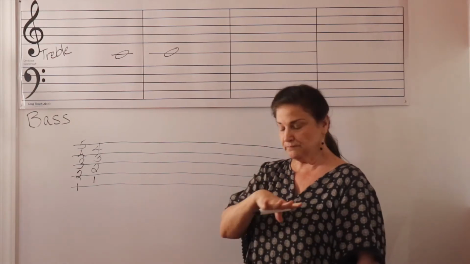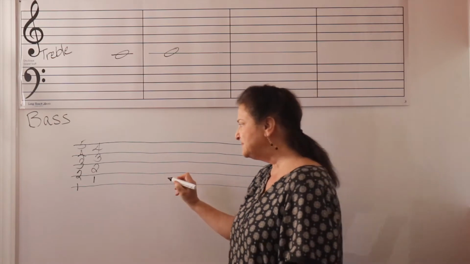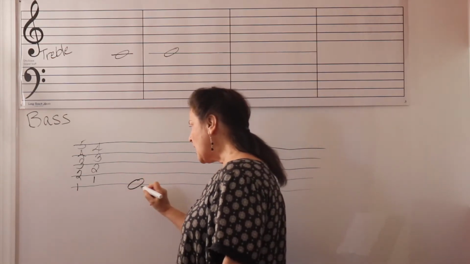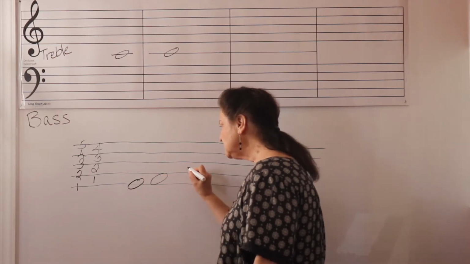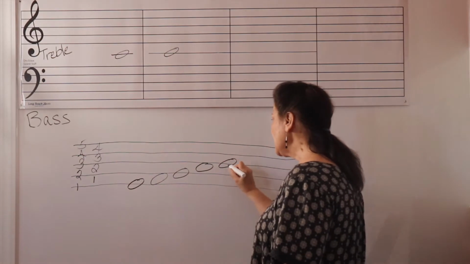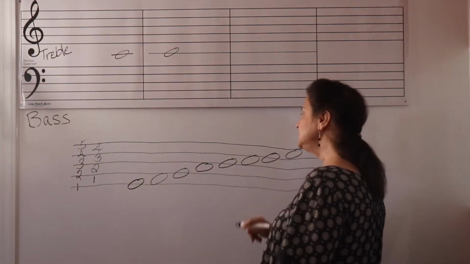When we play the notes in succession, one after another, we place them on the staff, with line, space, line, space, line, space, line, space.